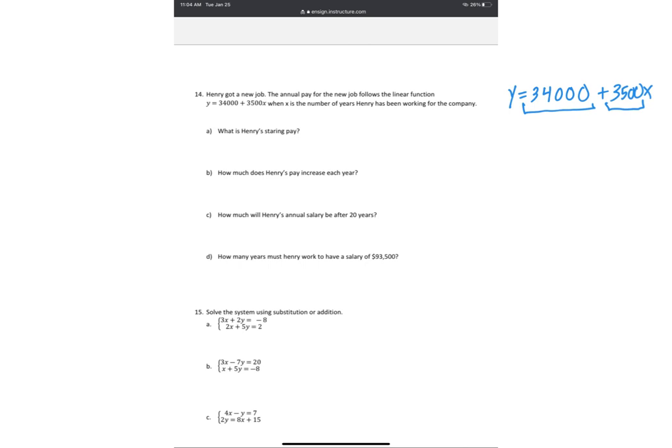So Henry's starting pay is 34,000 per year. That is our y-intercept.